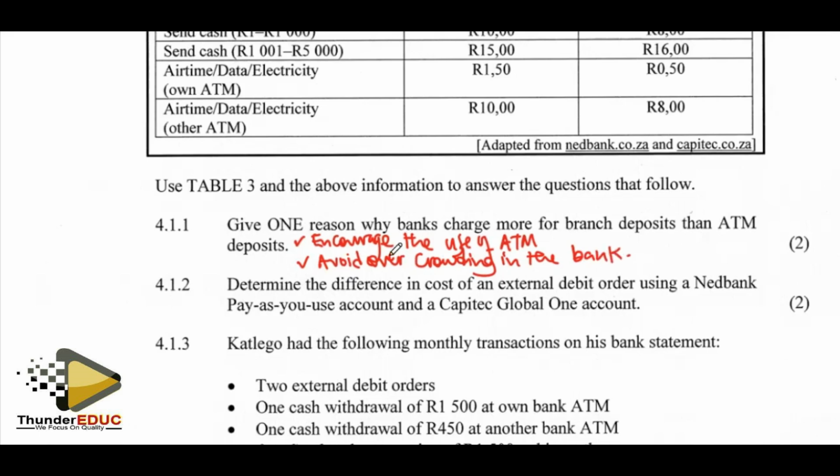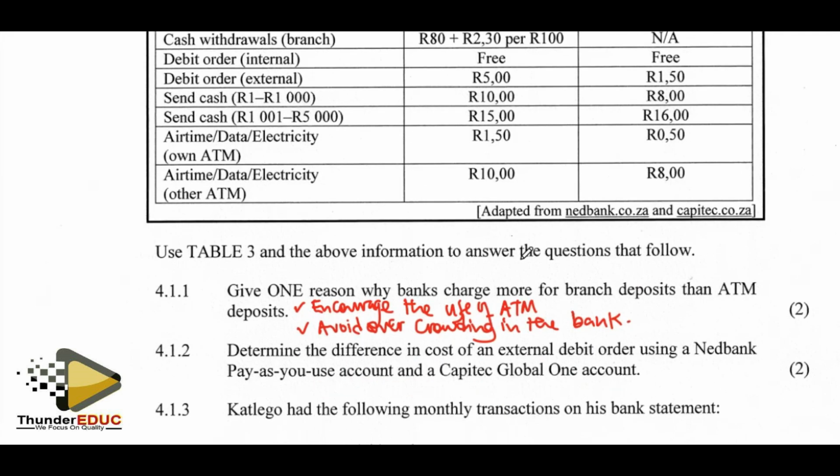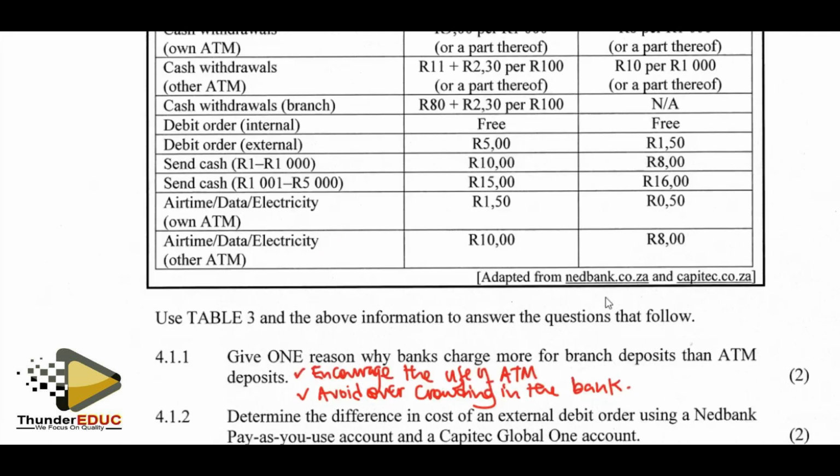Determine the difference in cost of external debit order of Net Bank, Pay As You Go, and the account. So let's come here and see we are looking at the external debit order.